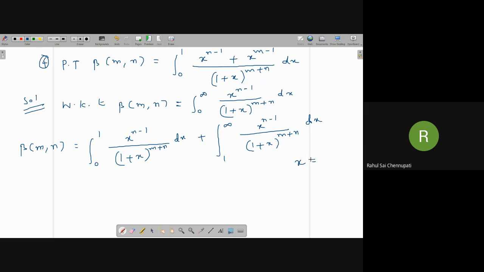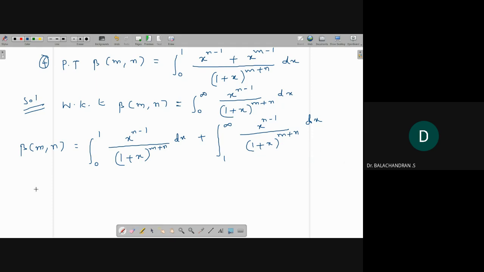Sir, x equals 1 by y. Very good, Rahul. Even though I tried to explain, you got it. X is equal to 1 by y. You can easily understand it as I explain.